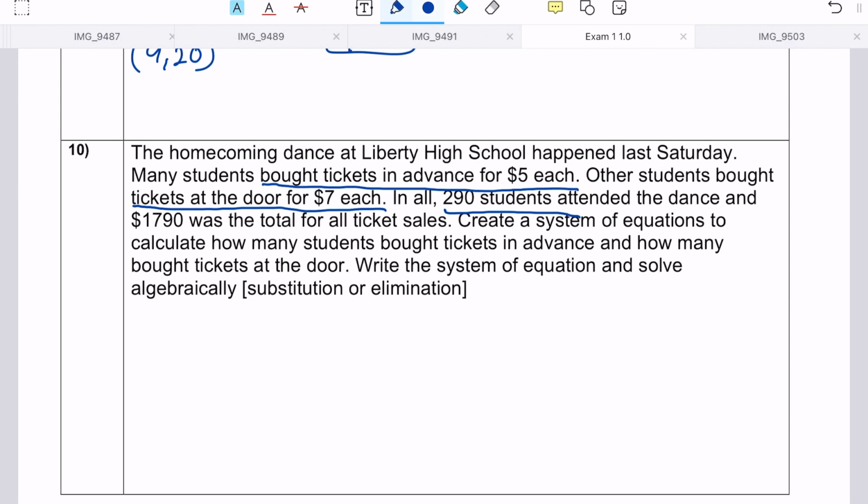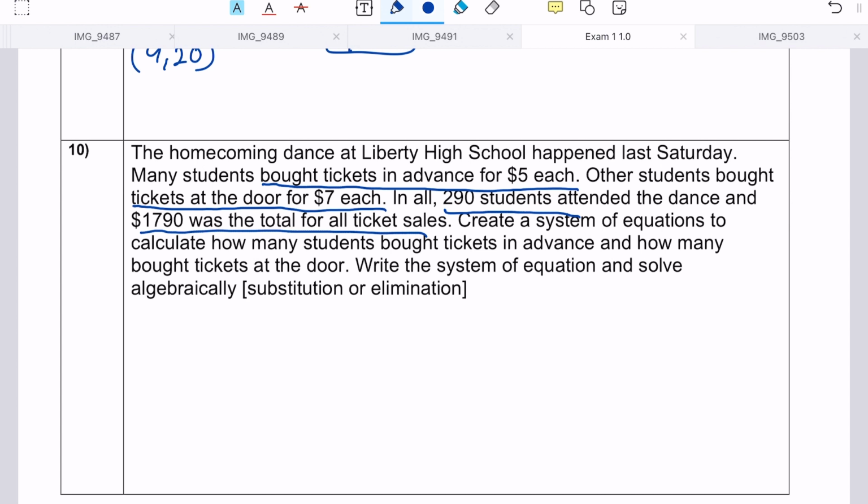And $1,790 was the total for all ticket sales. Okay, so we can underline that. It says create a system of equations to calculate how many students bought tickets in advance and how many bought tickets at the door.